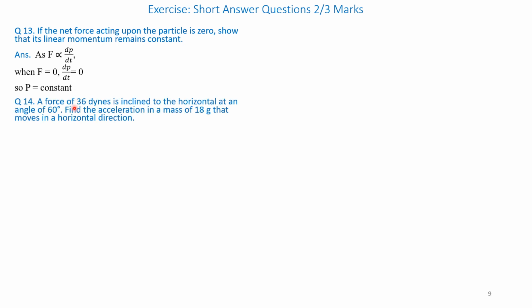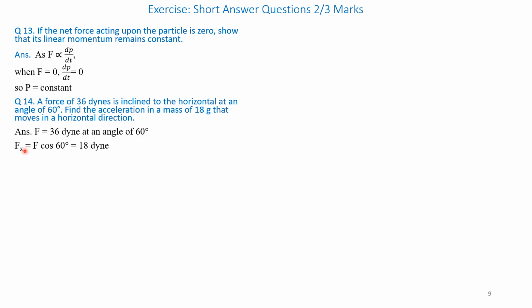Next question. A force of 36 dynes is inclined to the horizontal at an angle of 60 degrees. Find the acceleration of a mass of 18 gram that moves in the horizontal direction. Answer. It is given that F is equal to 36 dynes, which is acting at an angle of 60 degrees.